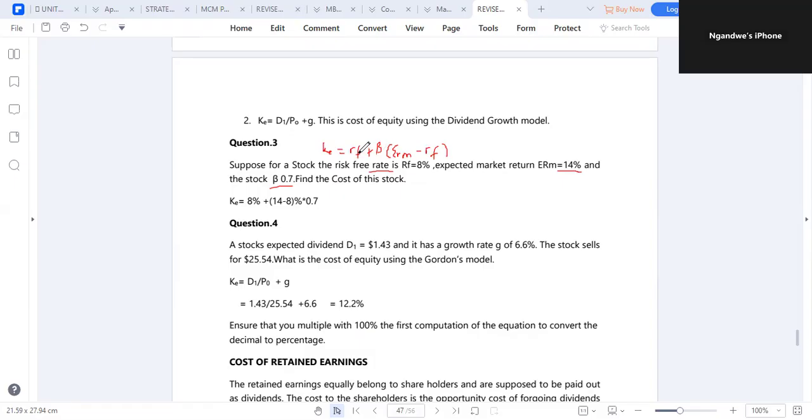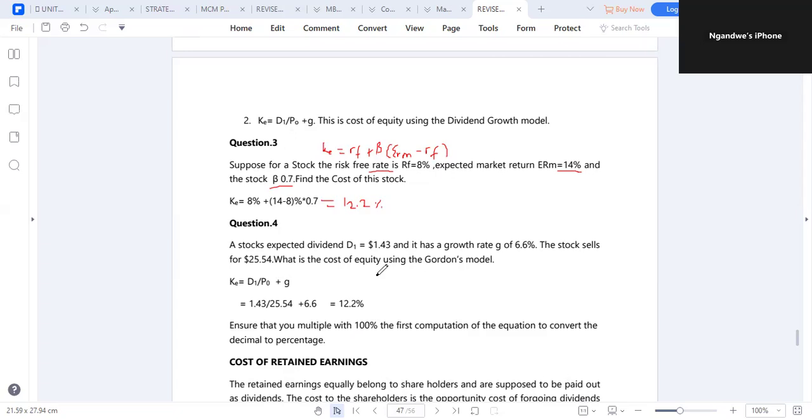So the risk-free rate is 8%, which we put there. The expected market return is 14%, minus the risk-free rate, which is usually treasury bills, 8%, times the beta, which is 0.7. So when you put this, we are going to get 12.2%. So this is our cost of equity using the CAPM model.